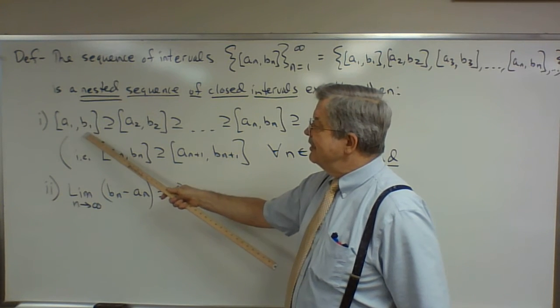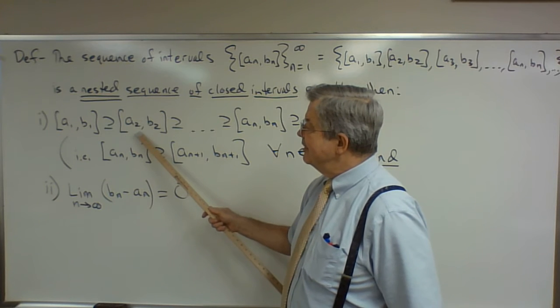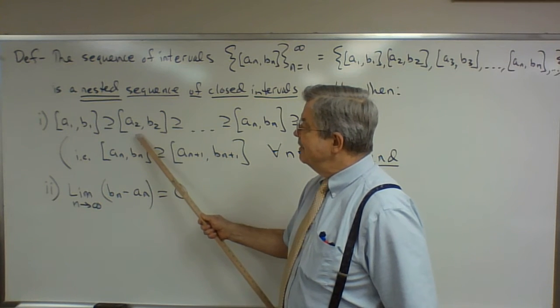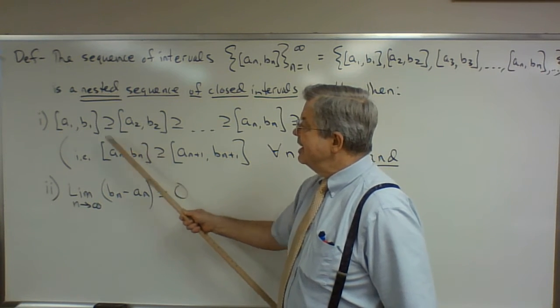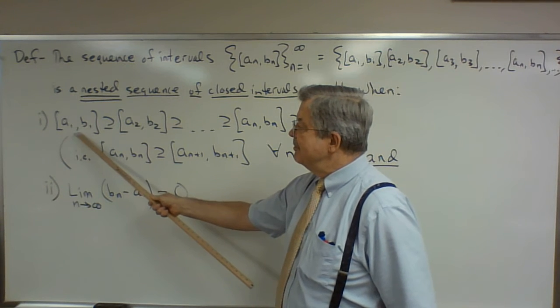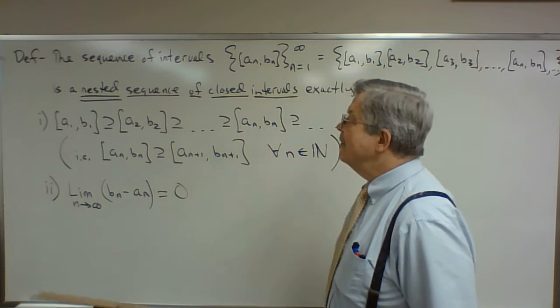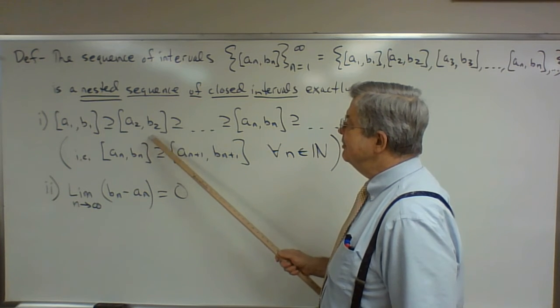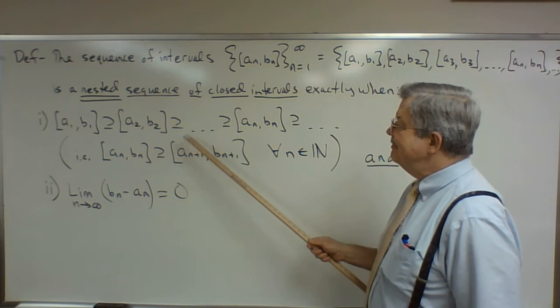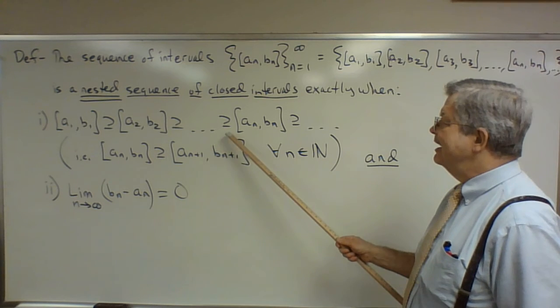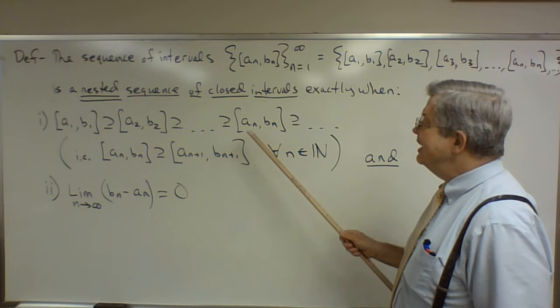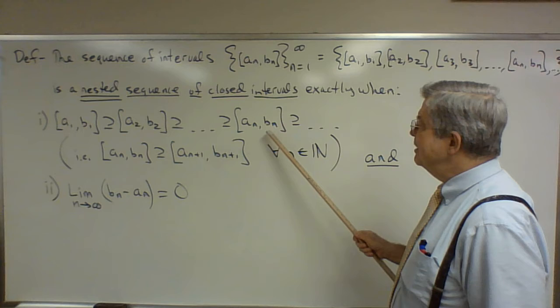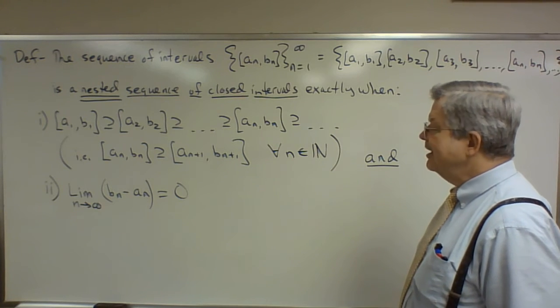So instead of this interval being a subset of this interval, a sub 2, b sub 2 is a subset of a sub 1, b sub 1. Or we could say a1, b1 contains interval a2, b2, which contains the interval that comes after it, dot, dot, dot, which contains the interval a sub n, b sub n, and so forth.